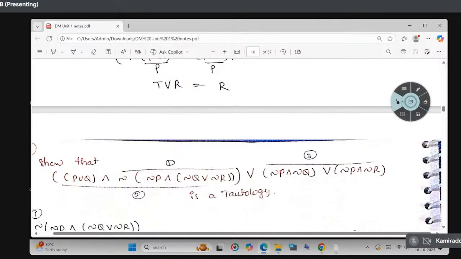What is the answer for the first term? First apply De Morgan's. What is the term that I want? Whether you have applied successfully or not, then I will come to know that.